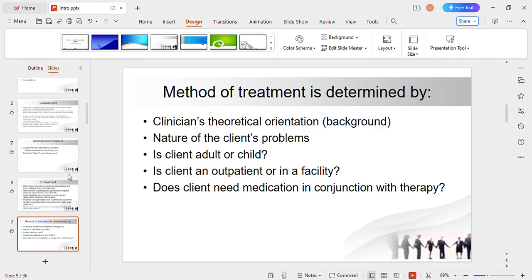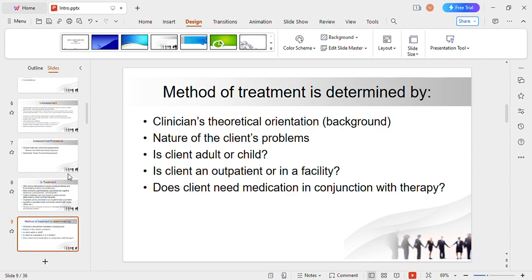Okay, which method the clinical psychologist would use for the management of their patient depends upon a few points. First of all, the clinician's theoretical orientation, how he understands the nature of the problem. If he is expert in understanding that a person is suffering from this type of problem, and for this type of problem that particular type of intervention will be more suitable, then he has conceptual clarity about that.